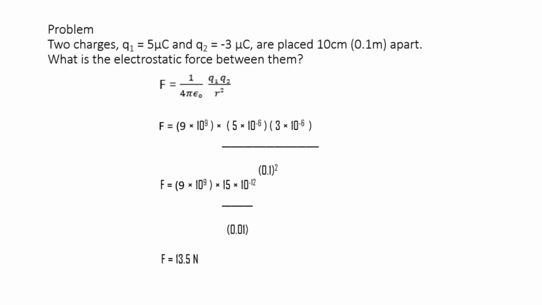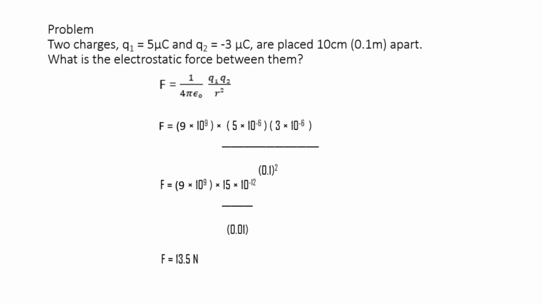See, let's solve a problem to apply Coulomb's law. Two charges Q1 equal to 5 micro Coulomb and Q2 equal to minus 3 micro Coulomb are placed 10 centimeter apart. What is the electrostatic force between them?